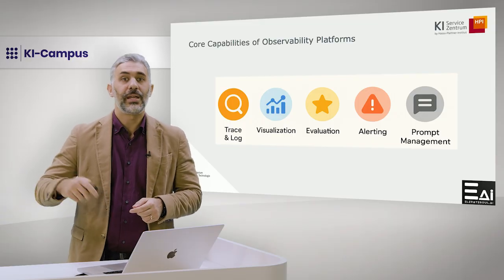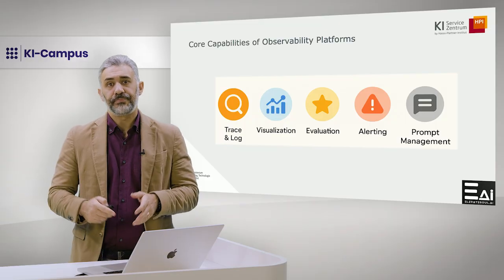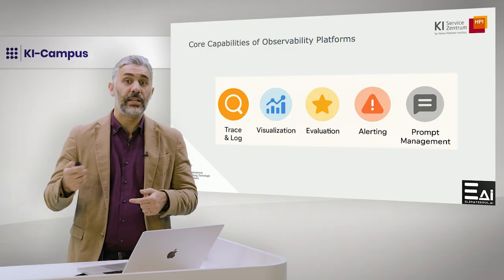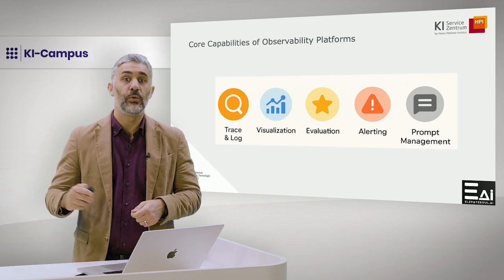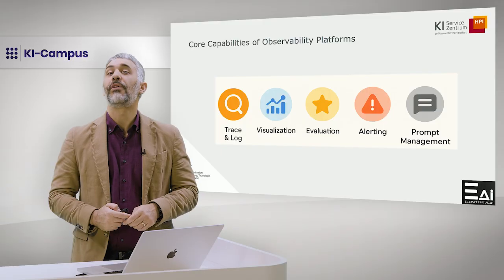Fourth, monitoring and alerting. They can track degradation over time, identify drift in model behavior, monitor latency and tool usage patterns, and notify you when something breaks. And finally, dataset and prompt management.